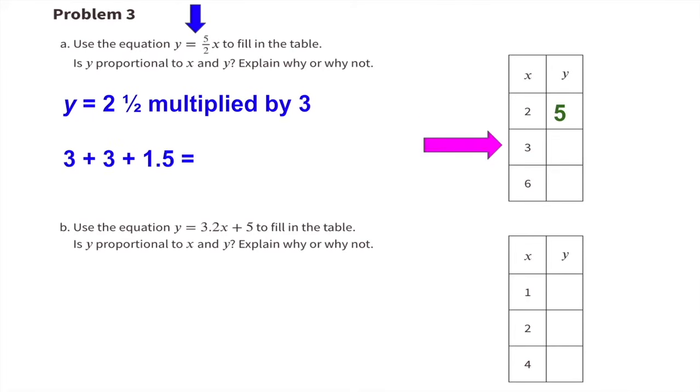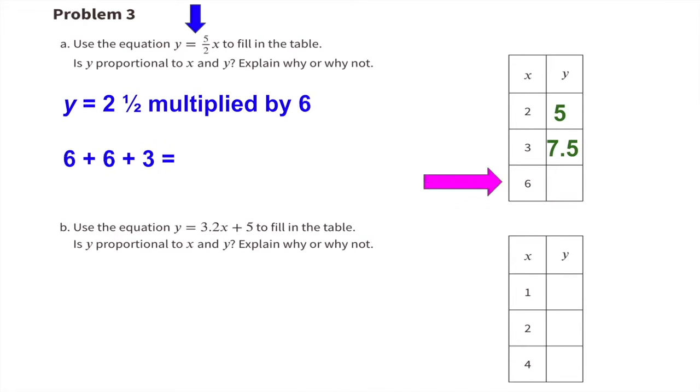When the value for x is 3, it's the same thing as y equals 2.5 multiplied by 3, or 3 plus 3 plus half of 3. Since half of 3 is 1 5/10, you can find the answer by adding 3 plus 3 plus 1 5/10, and that is 7 5/10. When the value for x is 3, the value for y will be 7 5/10.